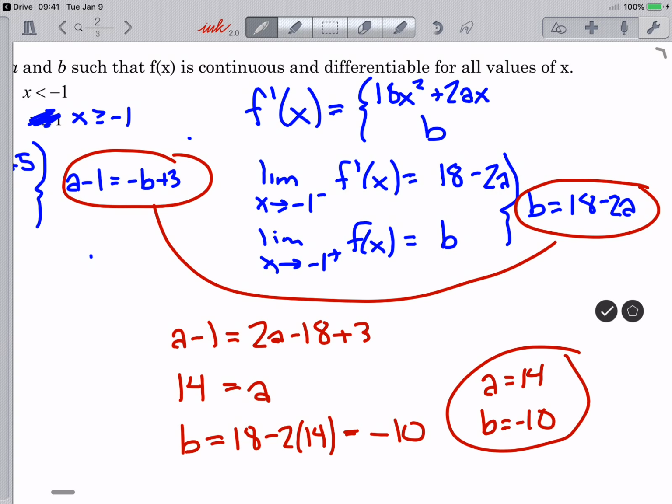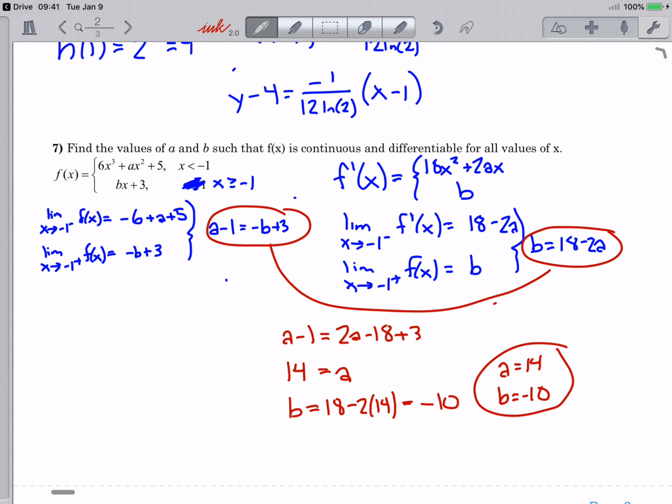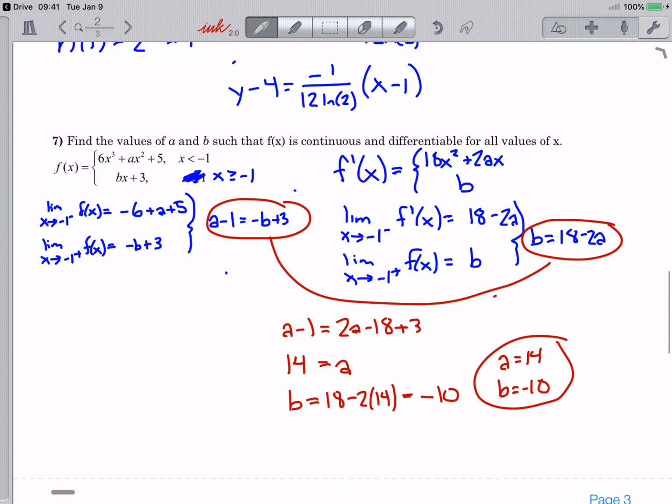If I really wanted to check this, I would go on to Desmos and plot 6x cubed plus 14x squared plus 5 with restrictions x less than negative 1, and plot negative 10x plus 3 for restrictions x greater than or equal to negative 1. They should connect, and the limits of the derivative from the left and right should match up, so it should be a nice smooth transition. I'll let you go ahead and do that to verify.